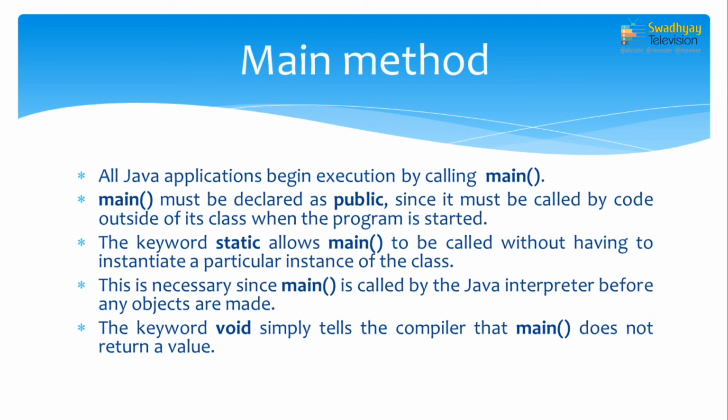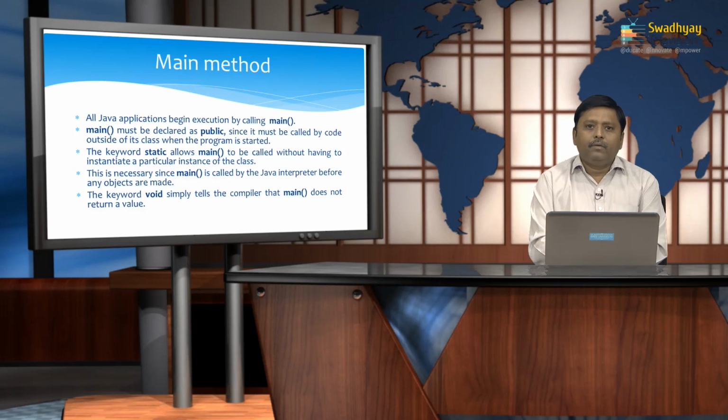Now, void tells the compiler that main does not return a value. So, we discussed three keywords used along with the main method: one is public, another is static, and another is void.